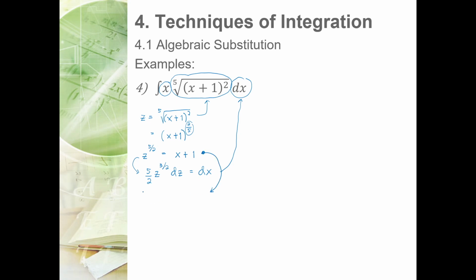That will be z to the power of 5 halves minus 1, is equal to x. So this one can be represented by z to the 5 halves minus 1. So notice that every expression can now be replaced by the z variable.